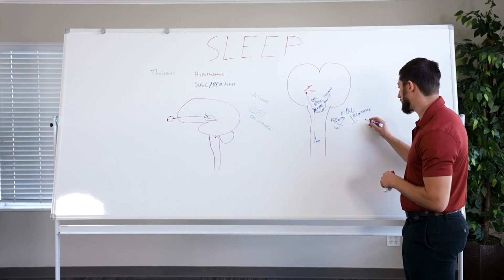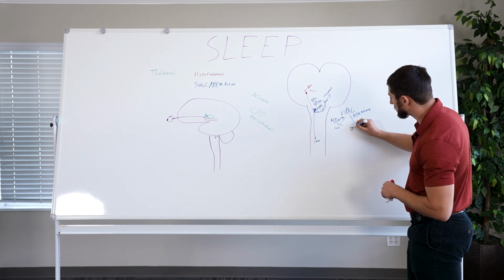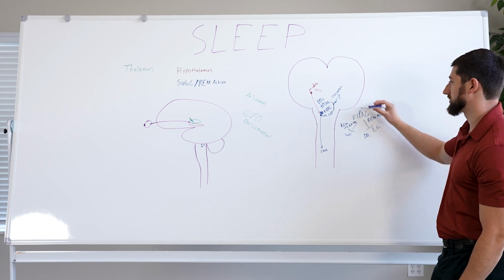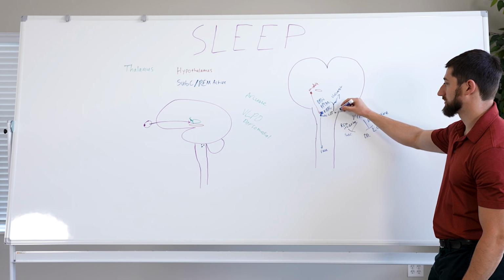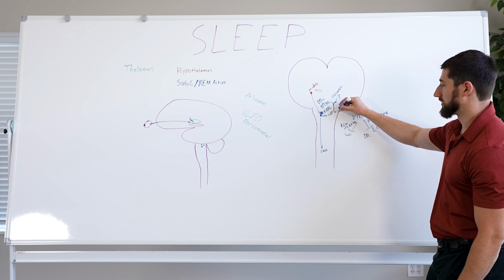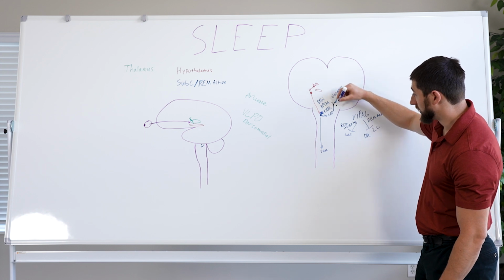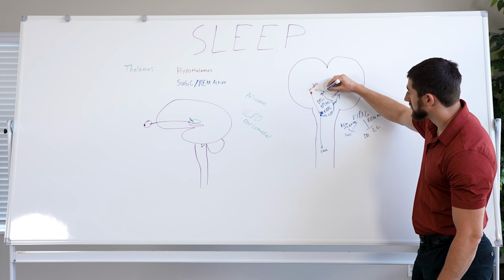And then on the other side, REM active is going to block two things, the locus coeruleus and the dorsal raphe nucleus. And along with the lateral dorsal tegmental nucleus, that also has a little tangent. The LDT will project up to the nucleus accumbens. We'll just have a little stem over here to the NAC.